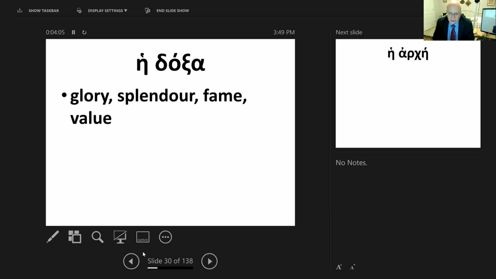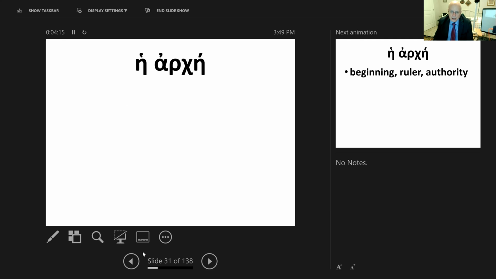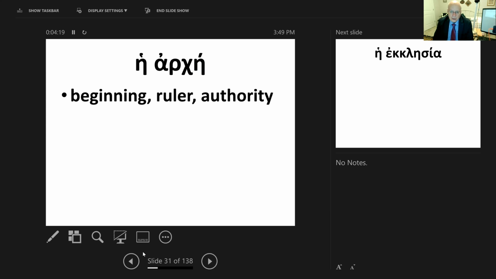So we have he doxa, and I've added the meaning value because I think this is the sense of this word. He arche, beginning, ruler, or authority. Now that may look strange, that a word can mean all of these things, but that's simply the way language is.